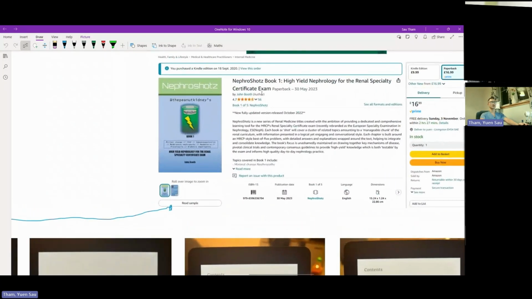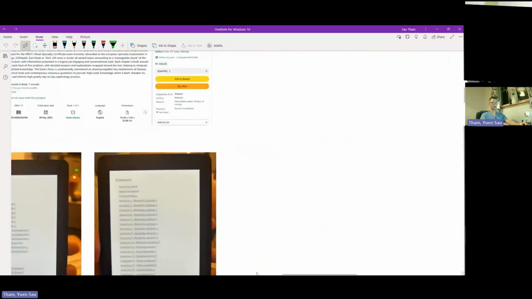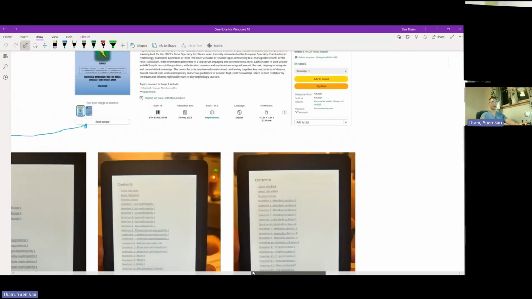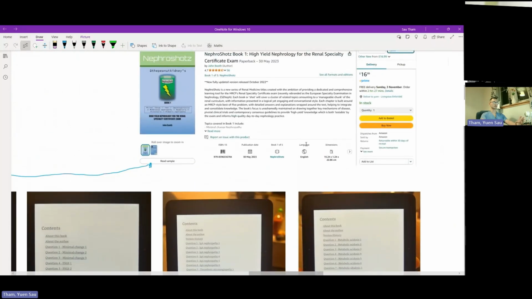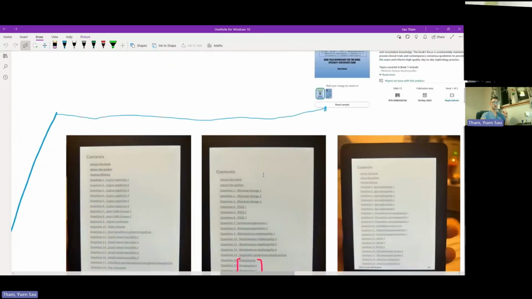It's Nephro Shots essentially is the name of the book, and it's written by a nephrologist in London, and his tag is the peanut kidney, and he's got I think 4 books when I last saw it, and it's high yield and specific for the specialty for the ESENeph. And this book is amazing because not only, let me show you the content page.